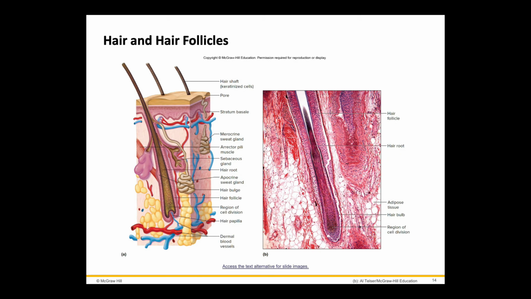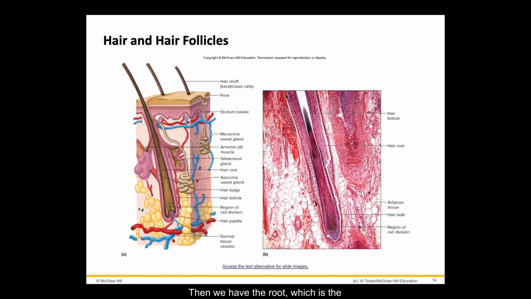Here is a slender filament of keratinized cells that grow from a hair follicle. Structurally speaking, a hair has 3 zones along its length. These zones are the bulb, which is a swelling at the base where the hair originates in the dermis or hypodermis.